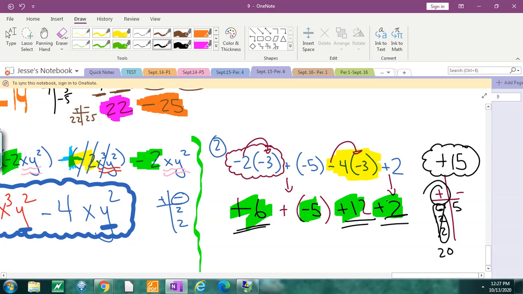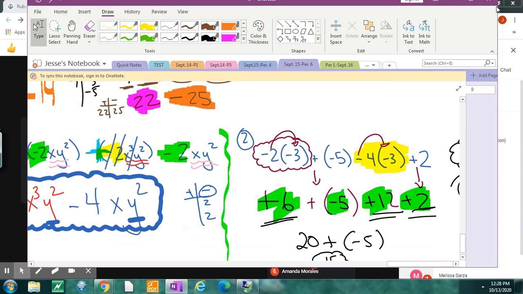You see how I put 2 lines? So 6 plus 12 plus 2 is 20 plus negative 5, right? And then you could do it in your mind. But I suggest you do your t-chart. So your answer is 15. Okay? Got it? Okay. So that's 2.